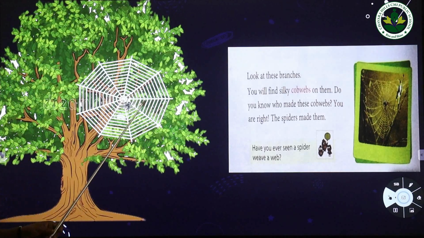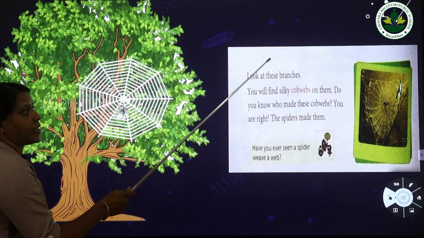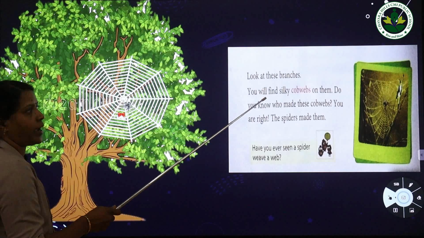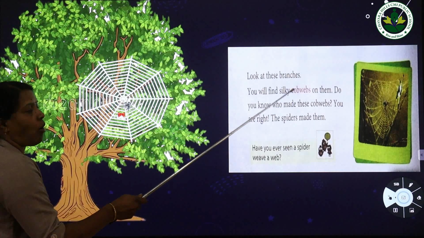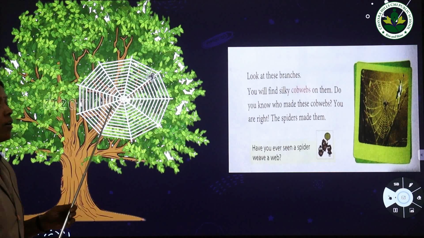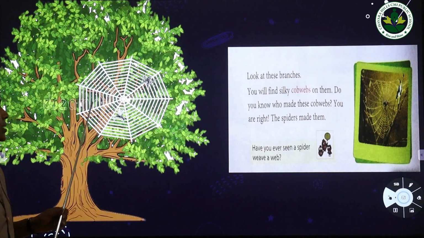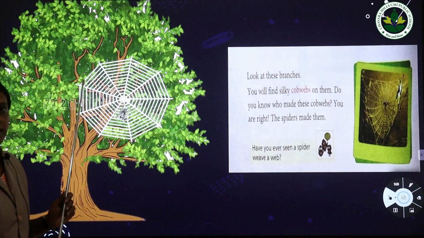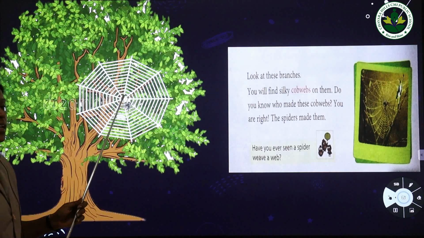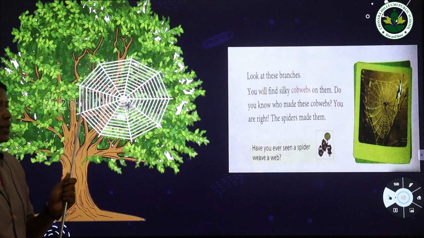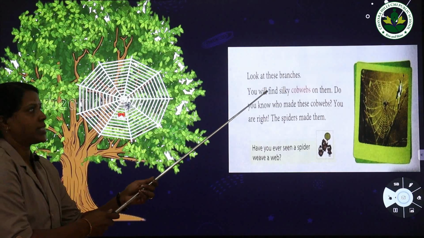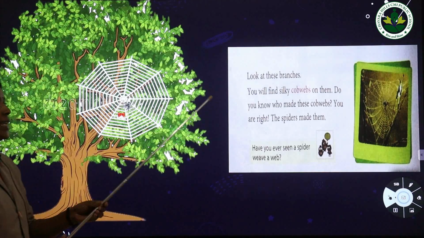Now read with me. Look at these branches. You will find silky cobwebs on them. Why is it called silky? It shines. The cobweb shines when there is sunshine. So this is silky in nature.